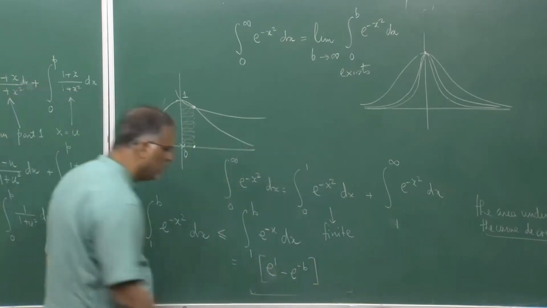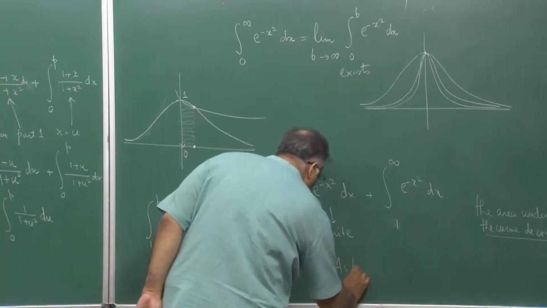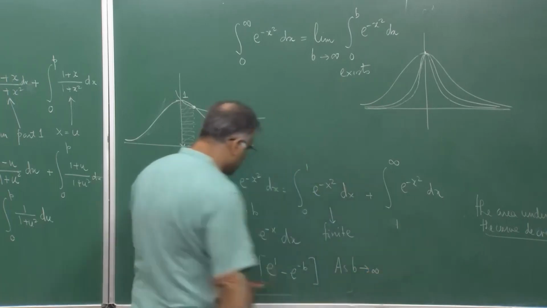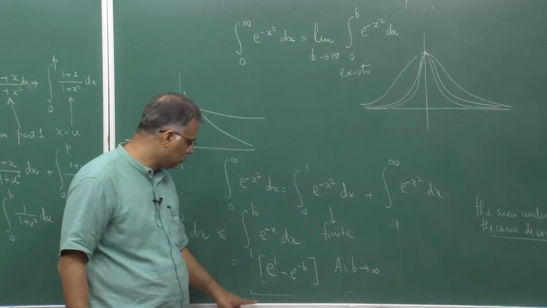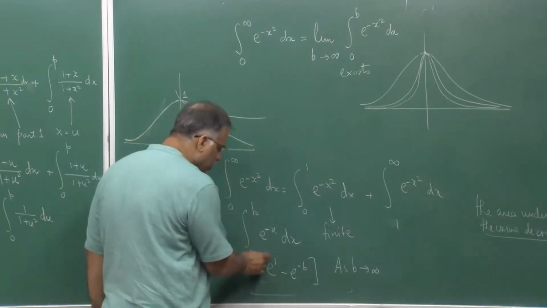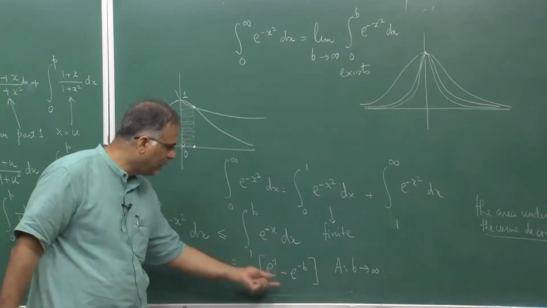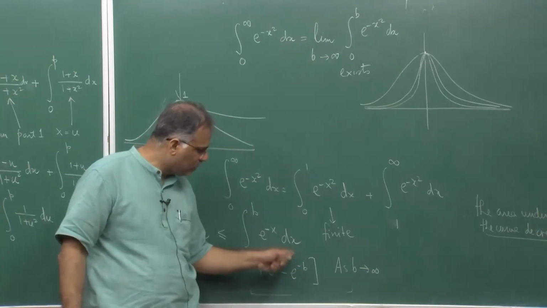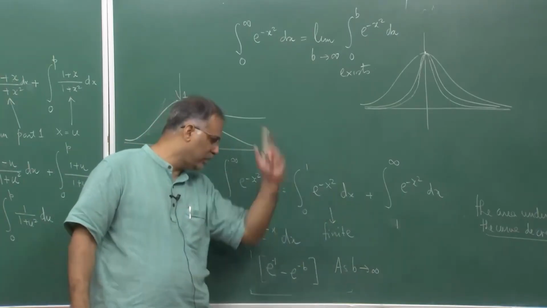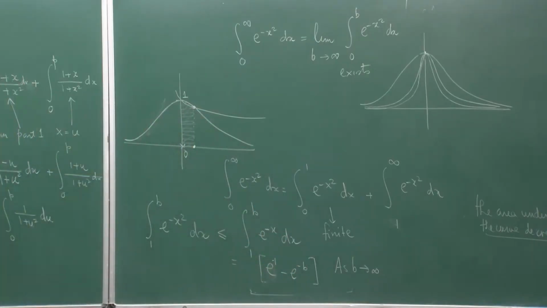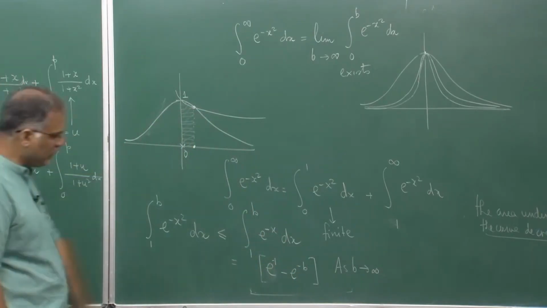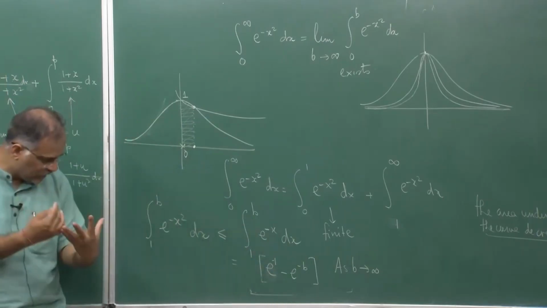Now, as b tends to infinity, sorry, e to the power minus 1, thank you. So, it will be actually e to the power minus b minus e to the power minus 1. So, that will be minus and minus is plus, so e to the power minus 1. So, as b tends to infinity, e to the power minus 1 is not affected because it does not depend on b.